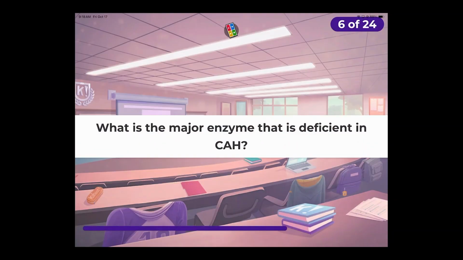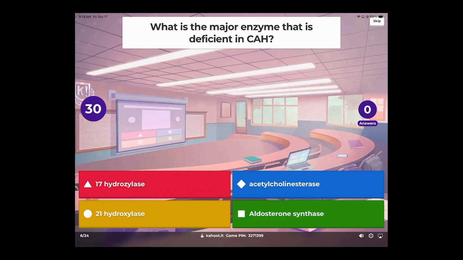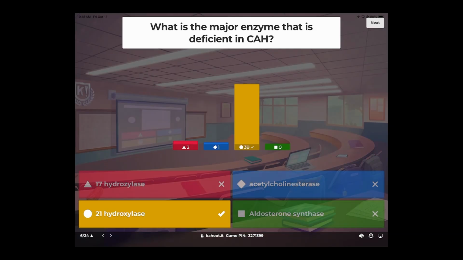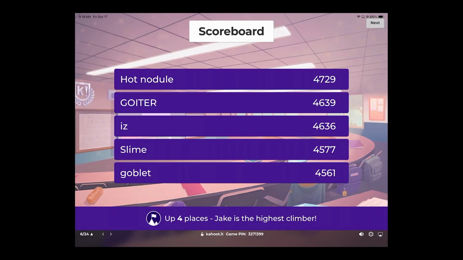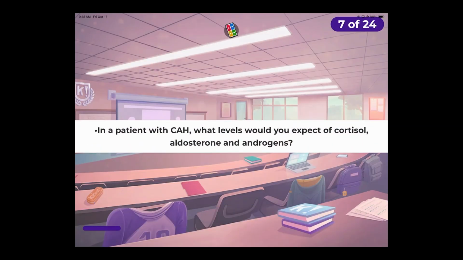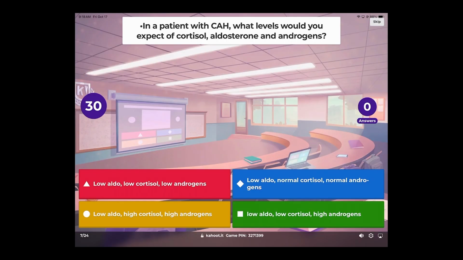Okay, what's the major enzyme that's deficient in congenital adrenal hyperplasia? Very good, the 21. Patient with congenital adrenal hyperplasia, what levels would you expect of cortisol, aldosterone, and androgens?